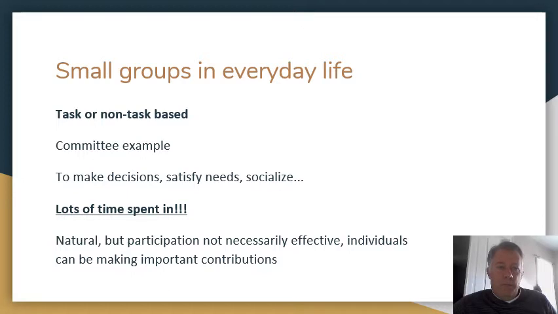But many of the groups that we are a part of at work and at school are task-based, and the book uses an example of a committee. That's a small group, and as you'll see in this class, for the term group project, you are going to be on a fictional committee.